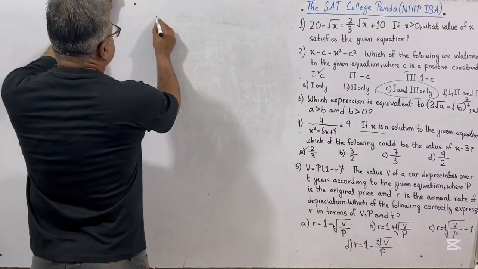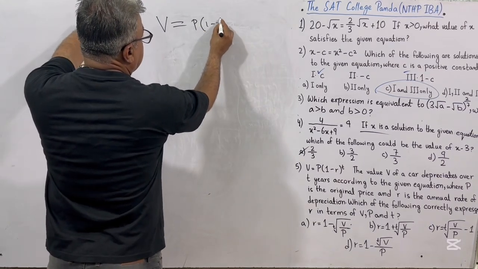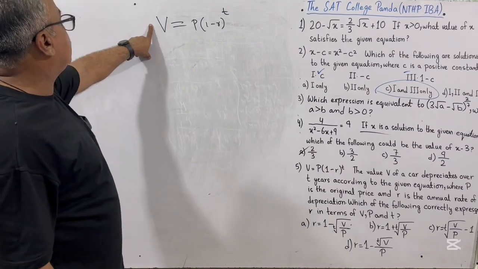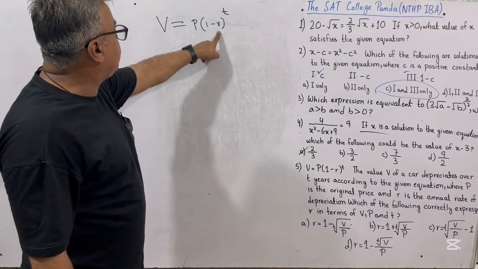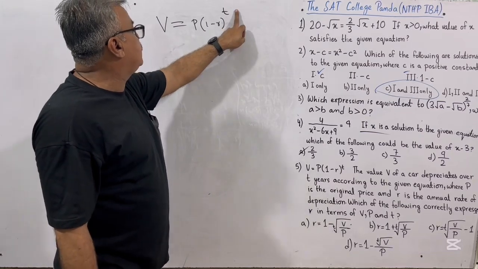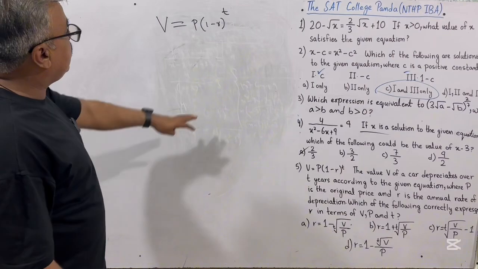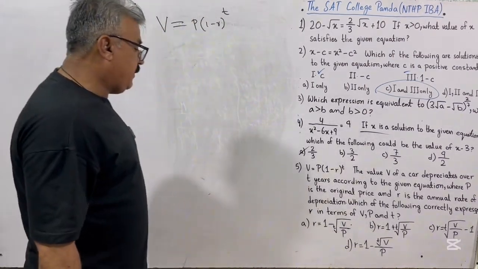We have given equation v is equal to p times 1 minus r raised t, where v is the value of the car, p is the original price, r is the rate of depreciation, t is the time period. We are asked to solve for r in terms of v, p and t.